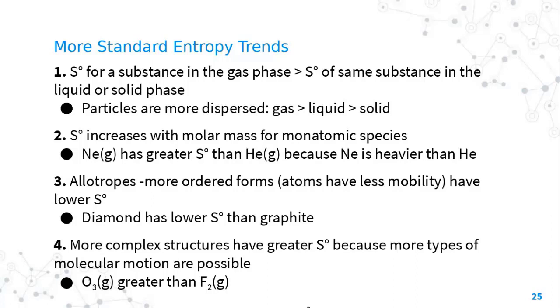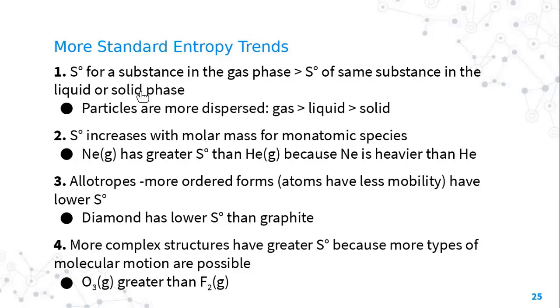Here are some more standard entropy trends that are definitely good to note when you're looking at qualitatively whether entropy would decrease or increase within a reaction. Number one, the standard entropy of a substance in the gas phase is greater than the standard entropy of that same substance in the liquid or solid phase.